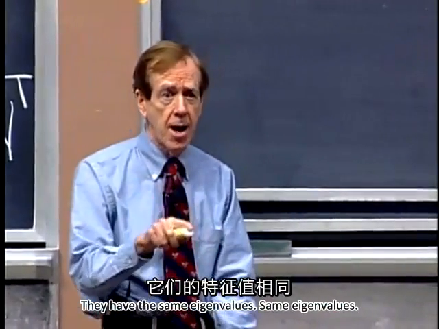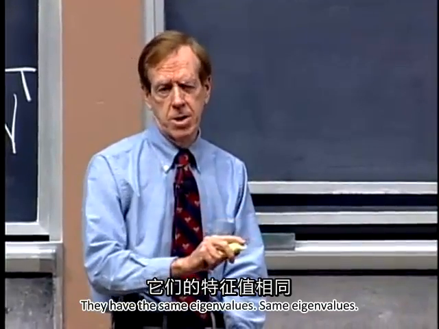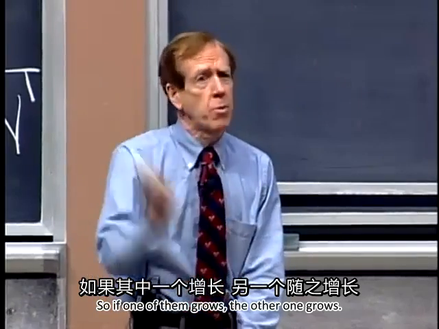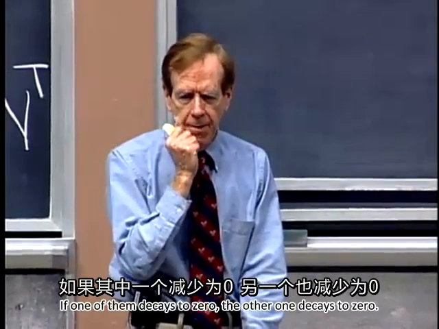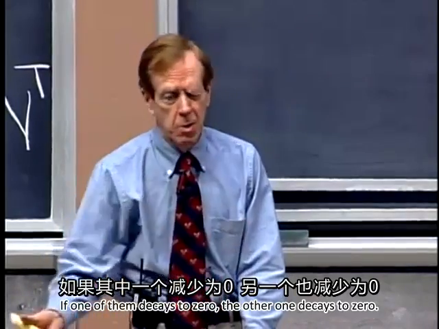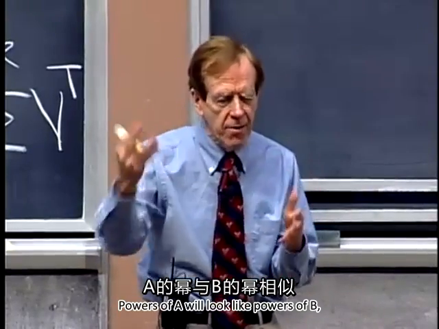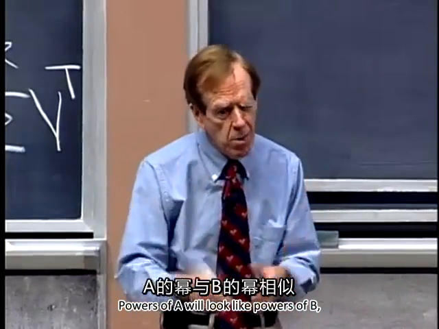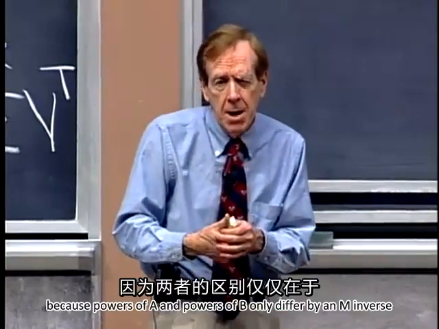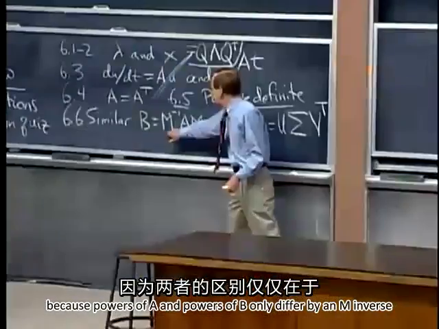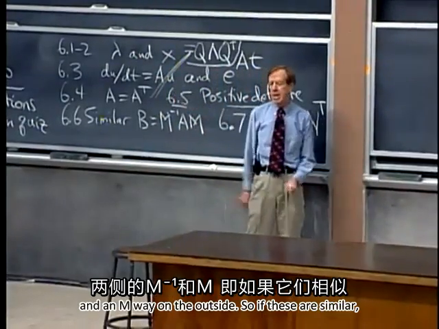They have the same eigenvalues. So if one of them grows, the other one grows. If one of them decays to 0, the other one decays to 0. Powers of A will look like powers of B, because powers of A and powers of B only differ by an M inverse and an M on the outside.